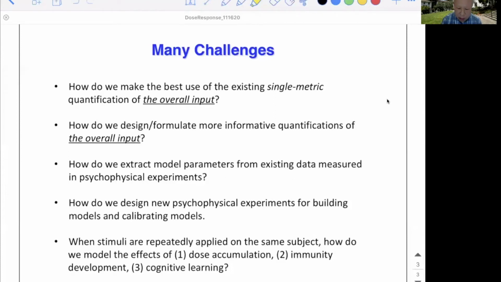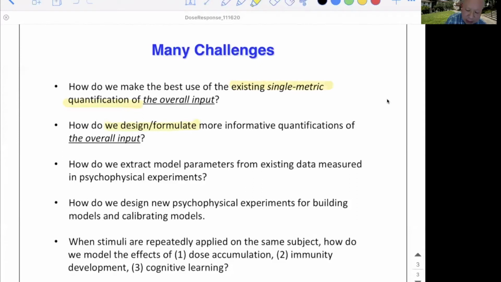So how do we use a single metric to measure that input? We have some existing single metric quantification. How do we make best use of them? And how do we design and formulate a more informative quantification of the input?